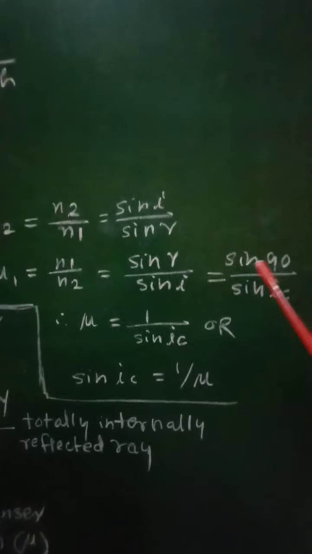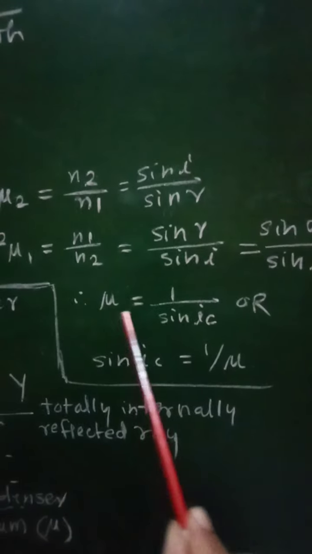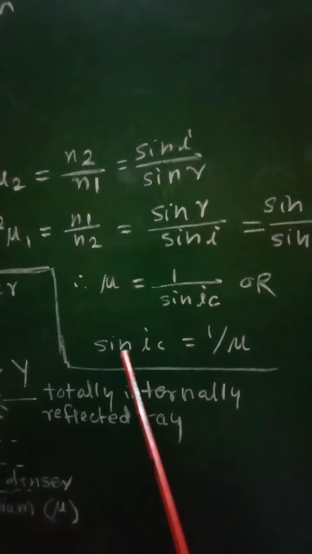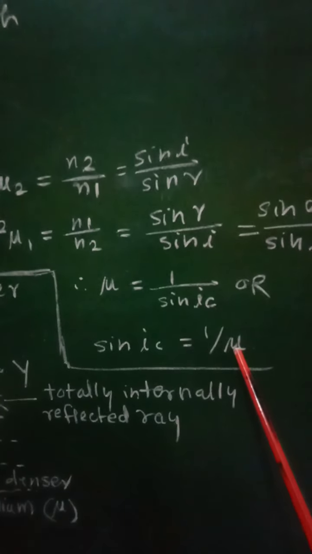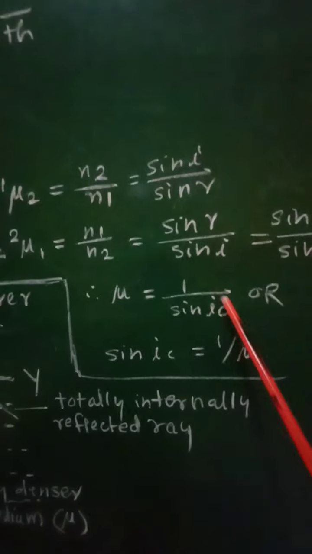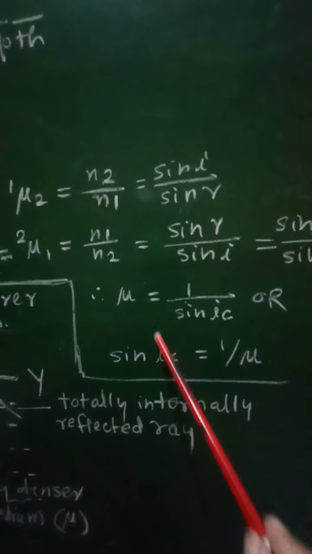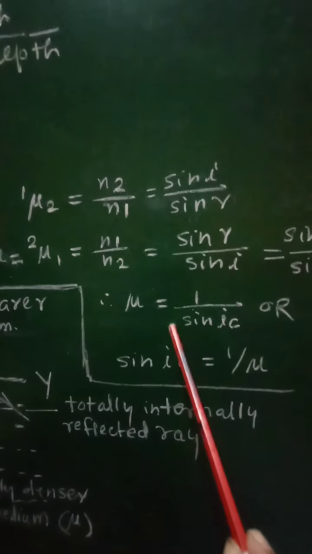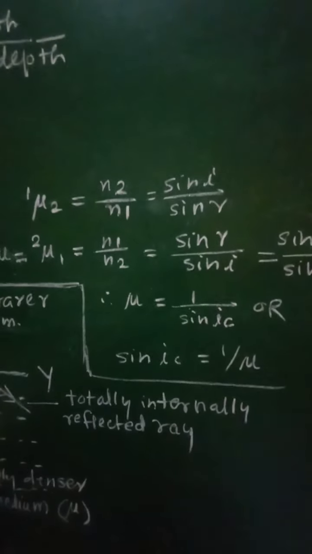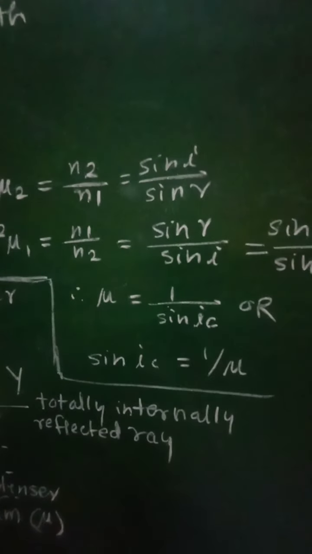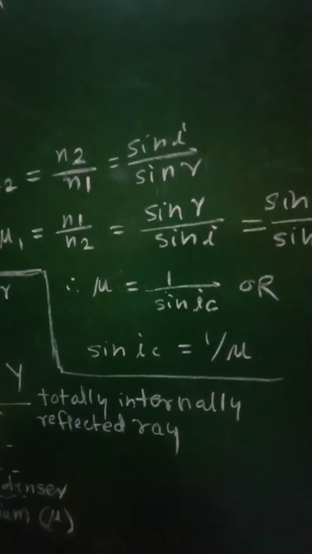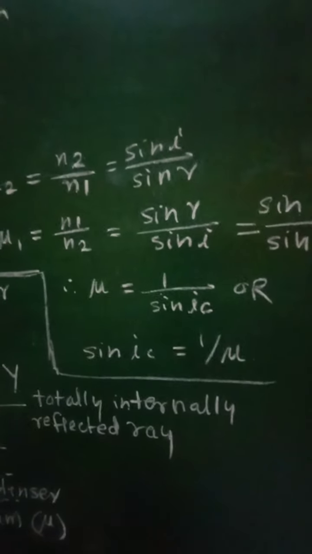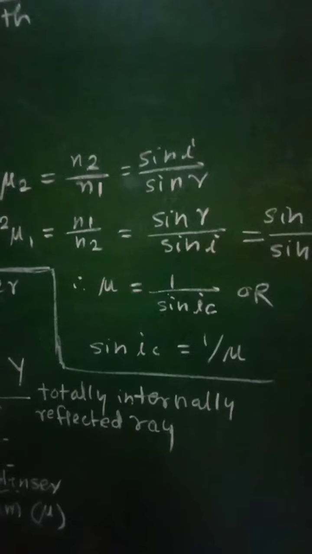But sin 90 is equal to 1, and therefore we get mu equal to 1 upon sin IC, or also it can be written as sin IC equal to 1 by mu. So this relation gives the relation between the refractive index and the critical angle: mu equal to 1 upon sin IC, or sin IC equal to 1 by mu.